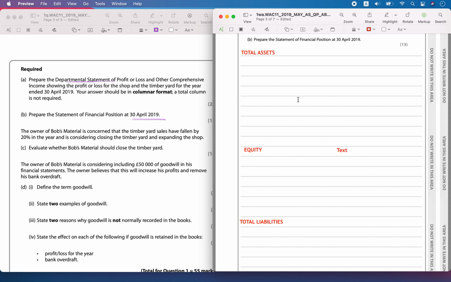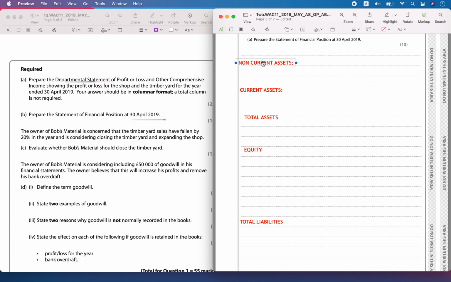What are the two types of assets? You have the non-current assets and current assets. You will calculate them, and finally you will calculate the total assets.